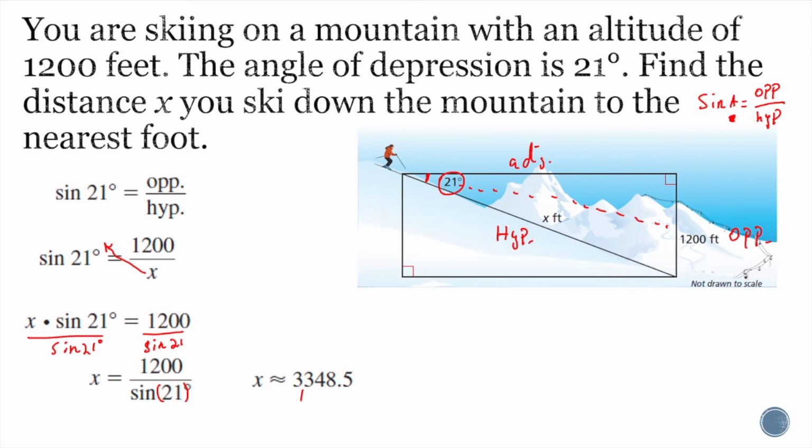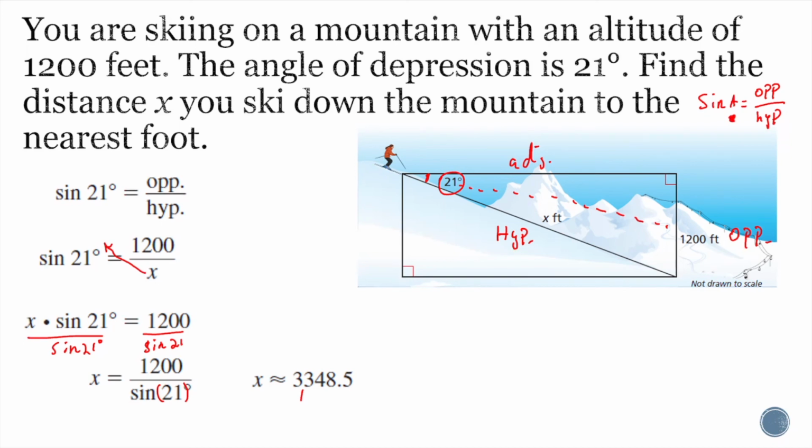If you did not get this answer when you put it in your calculator, you must make sure that the mode in your calculator is set to degrees. If it's under radians, you will get a different answer. You will learn more about radians next year. So we are strictly looking at degrees.